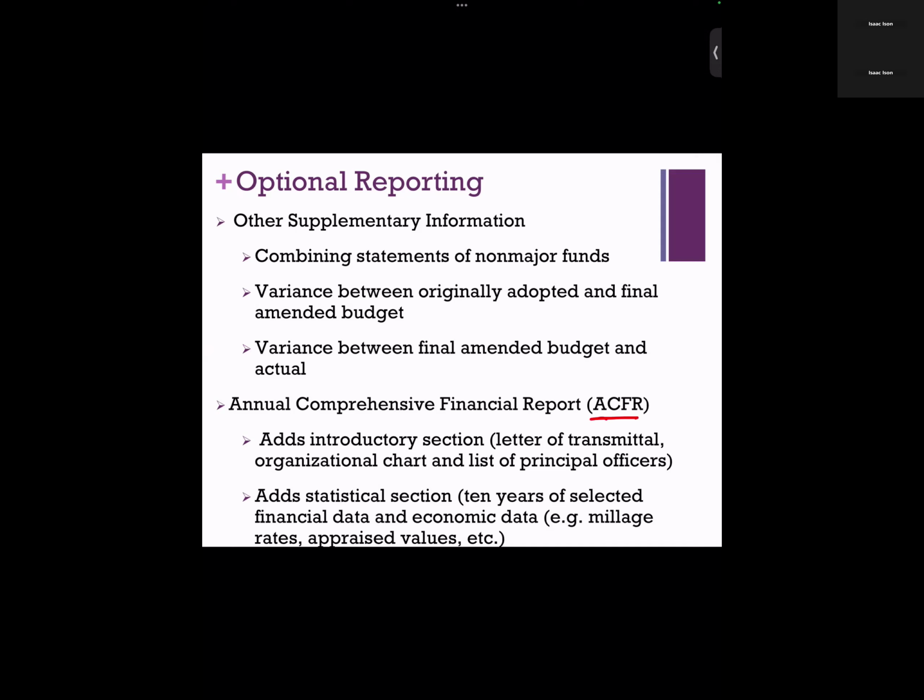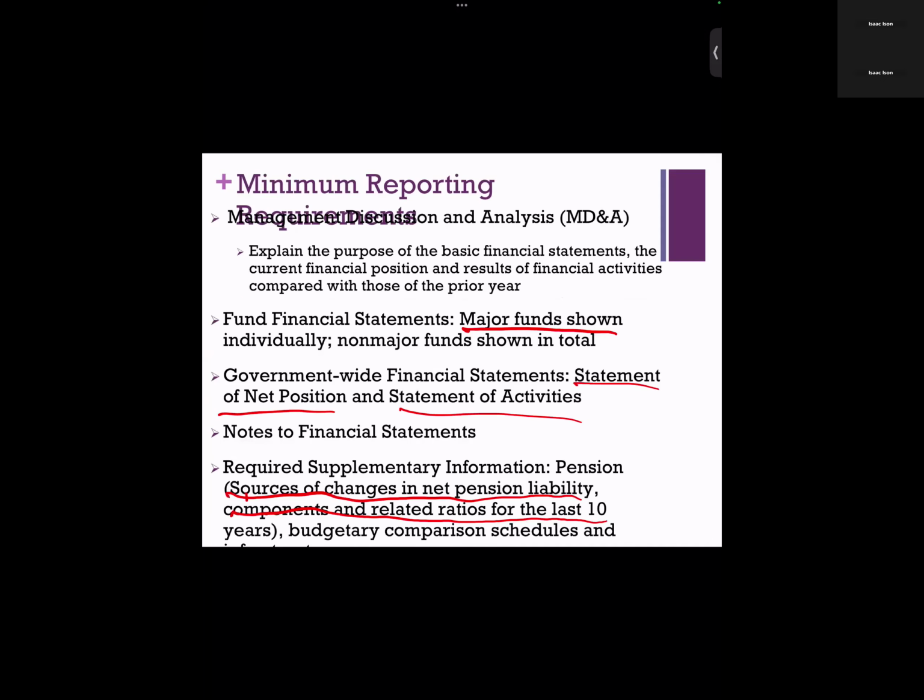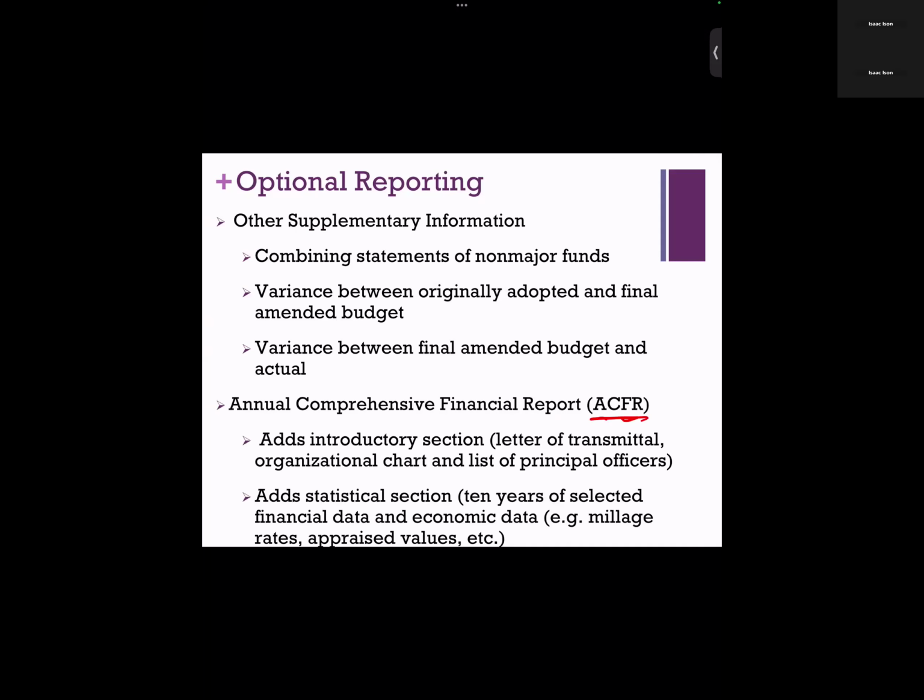This is what most governments are doing, but be aware that it isn't part of the basic or minimum reporting requirements. It adds in an introductory section and a statistical section. So, annual comprehensive financial report.